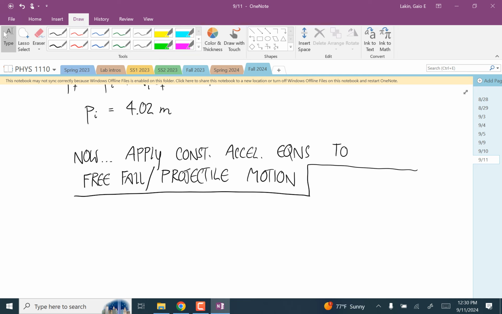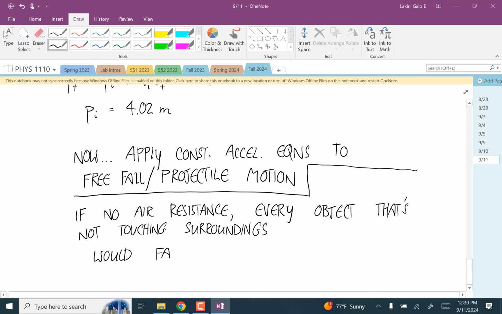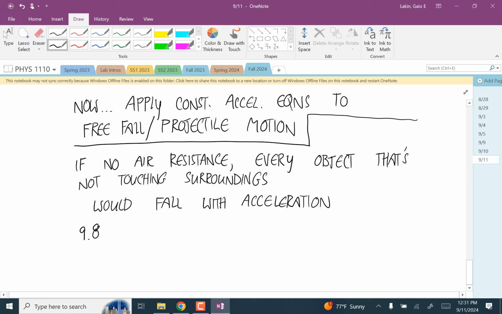And in fact, if there was no air resistance, every object that's not touching its surroundings would fall with an acceleration of 9.81 meters per second squared down.